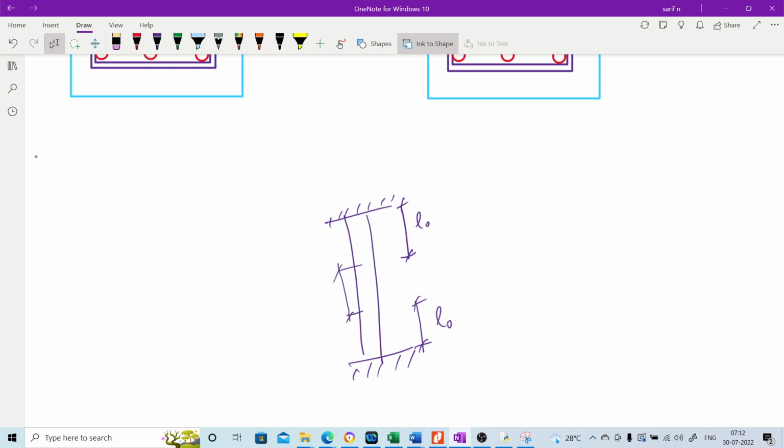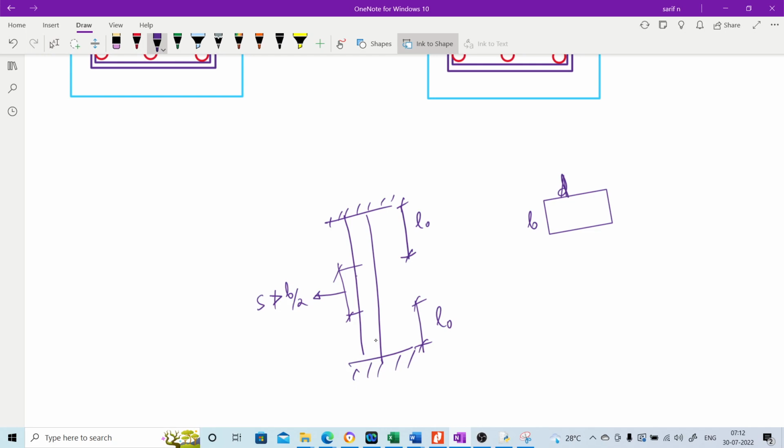However, for this normal reinforcement that we are providing, the spacing should not be greater than half the least lateral dimension of the column. So for example, the column is D, this is D, and this is B. So the least lateral dimension is B. So the spacing should never exceed B by 2.